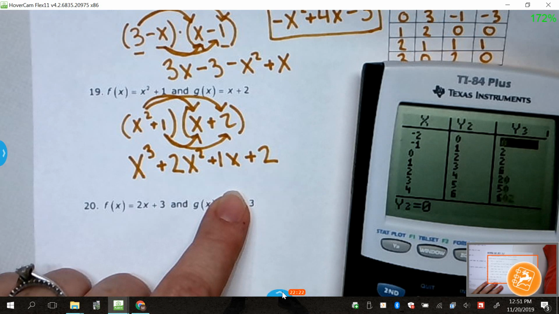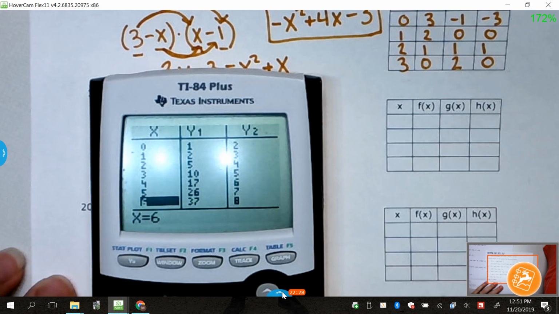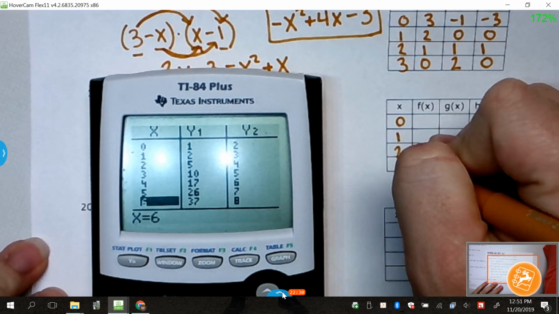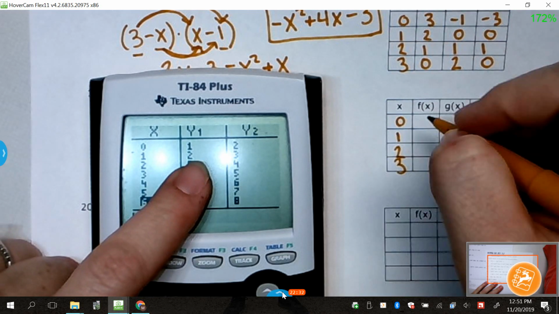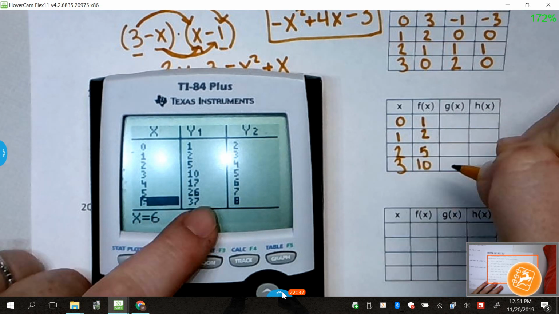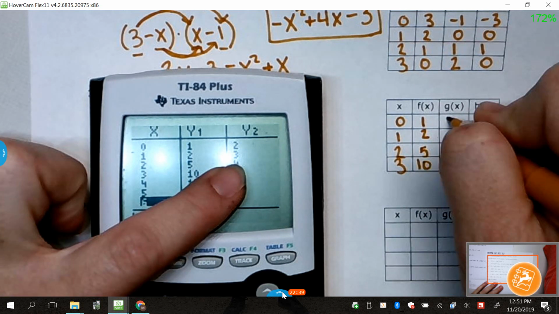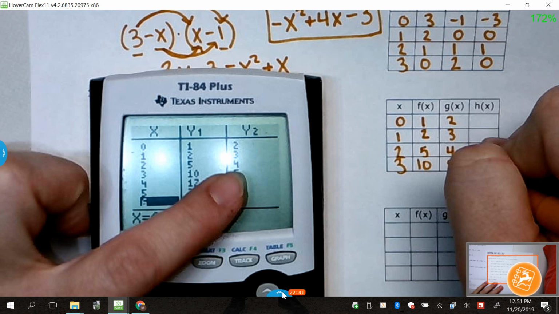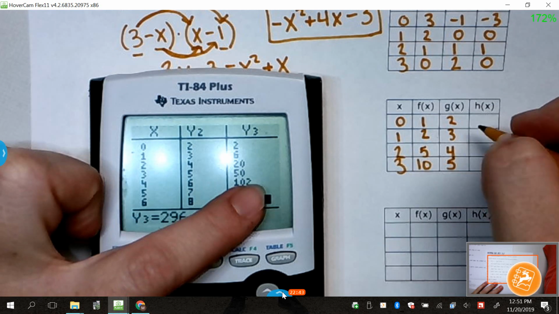So 3 and 4 should match, and they do, so we're right. So 0, 1, 2, 3. F of x was on y1, so 1, 2, 5, 10. 2, 3, 4, 5. And then we got 2, 6, 20, 50.